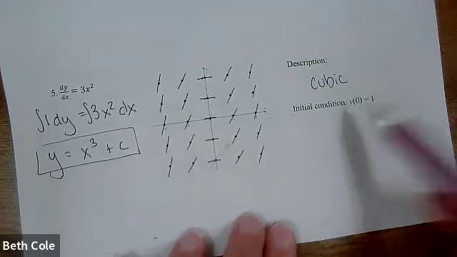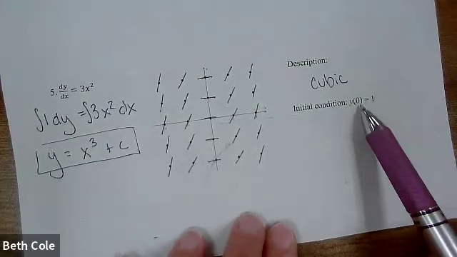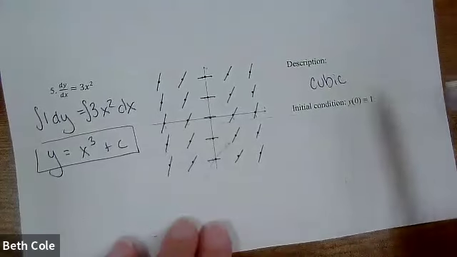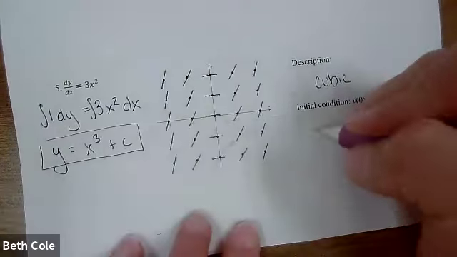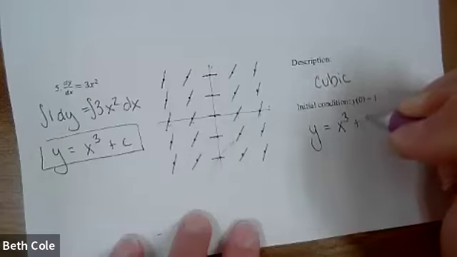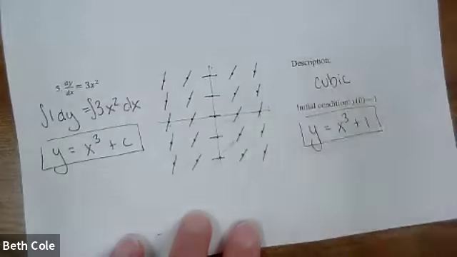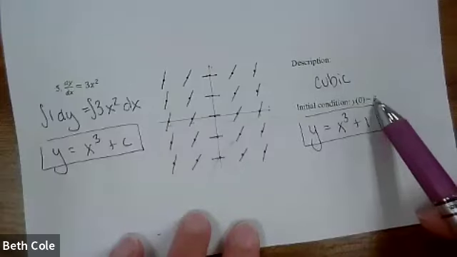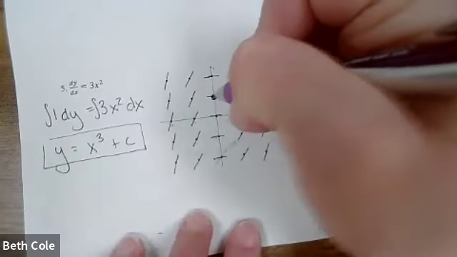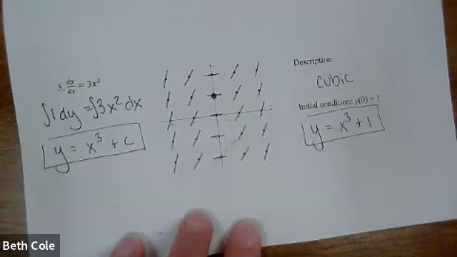So let's do our particular solution for the initial condition (0, 1). This one is simple enough we can just look at it. If x is 0 and y is 1, c is just going to be 1. So it's your cubic graph moved up 1. You're going to start at that point (0, 1), which is right here, and then you just flow with the current.